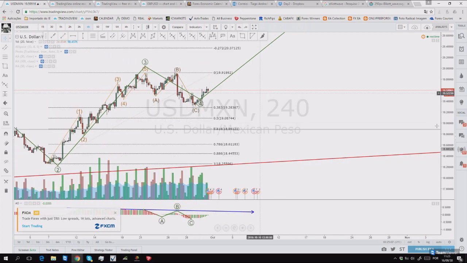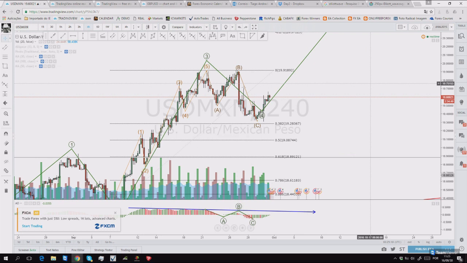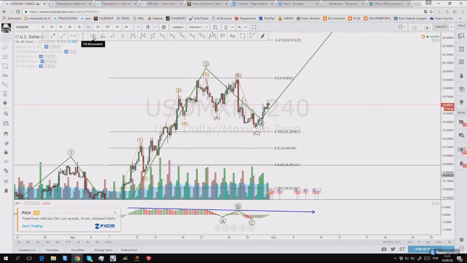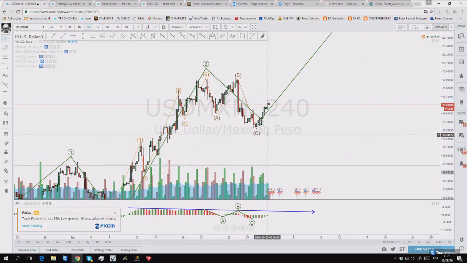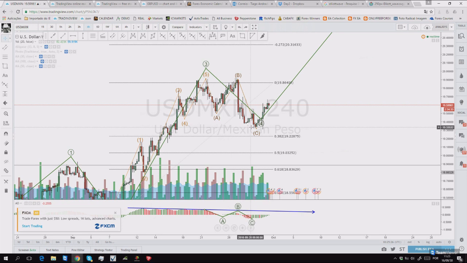But then again, let's use Fibonacci ratios again. So wave C should be the 127 to 160, 1.618 extension of wave 1. So if we do this, let's see what happens.